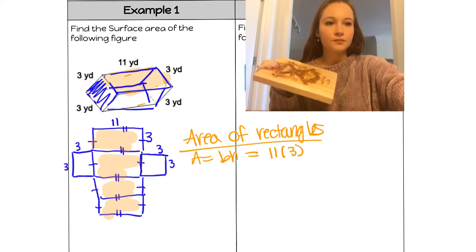My height is 3. 11 times 3 is what? Yep, 33. And that goes for all of these. Sometimes I like to label them inside the shape, and I put circles around them. Take a second and write down the formula for the area of a square.